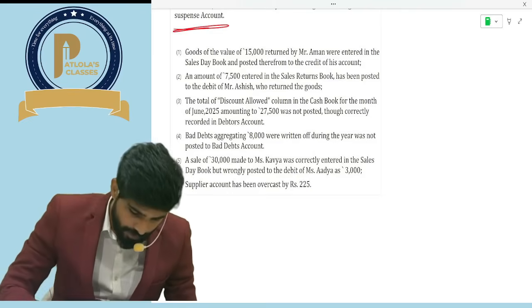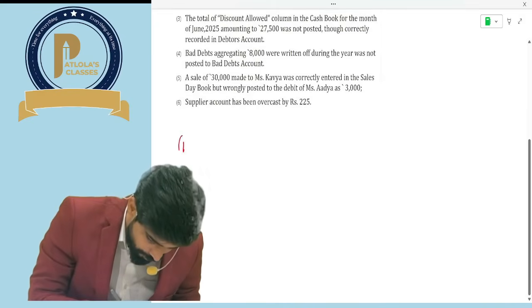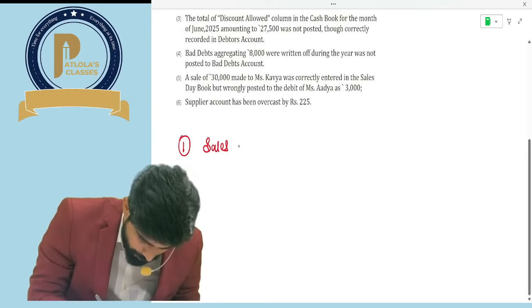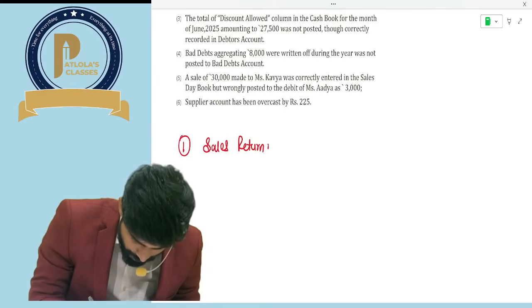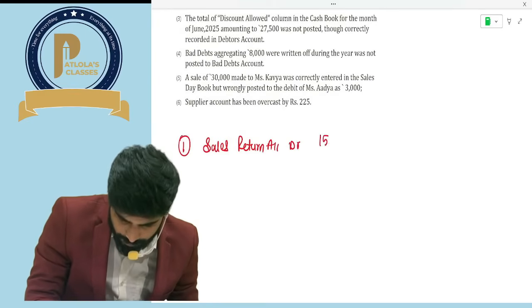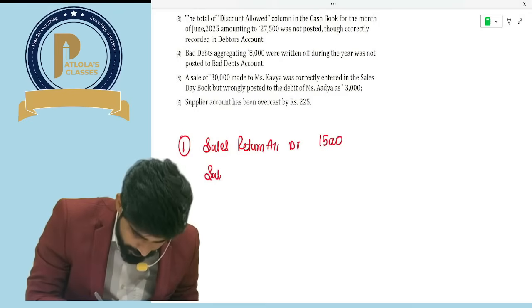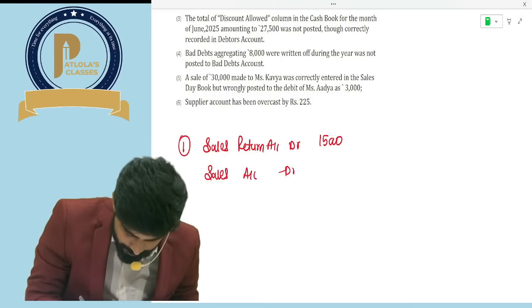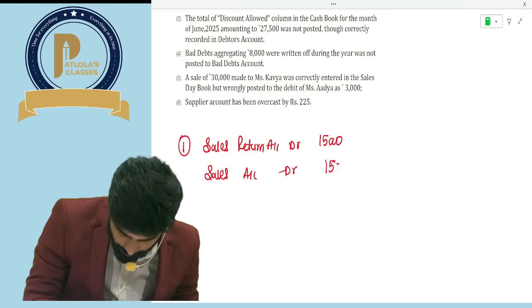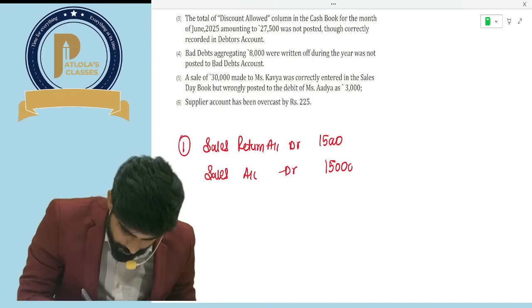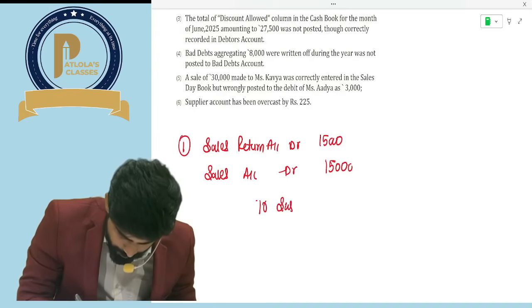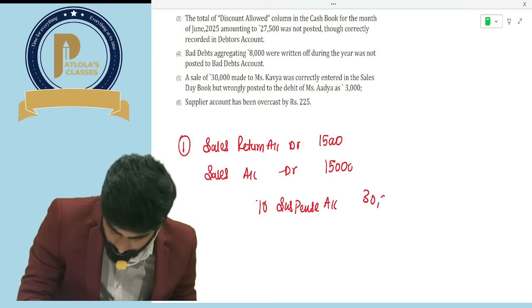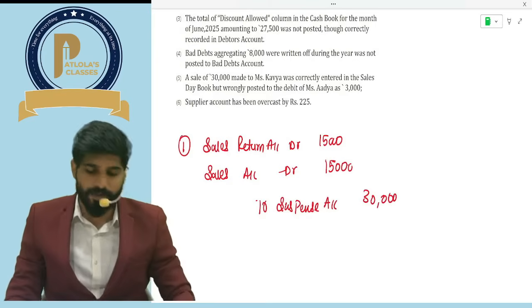So the rectification entry will be sales return account debit 15,000. Sales should be cancelled, which is by mistake credited, that is sales should be debited by 15,000. Next, to suspense account. How much will be in suspense? 30,000, which is there on the suspense, should be cancelled by crediting.